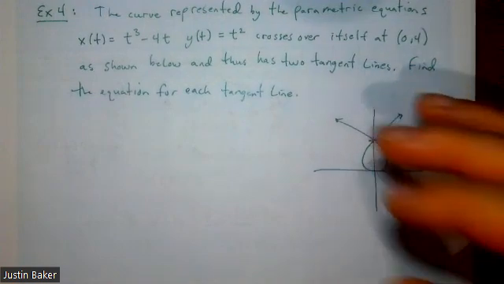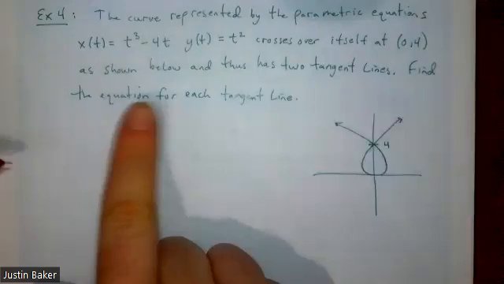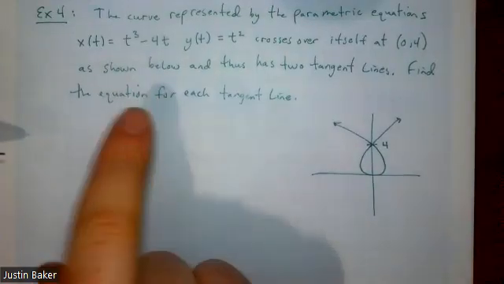If you peek back at all the other tangent lines we just did, you had x of t is this equation, y of t is this equation, and then it said, oh, and also t is equal to blank. So what we're missing here is the t equals blank in order to get going, because if it told us right away that t is equal to 3 or whatever, we would just get going, right?